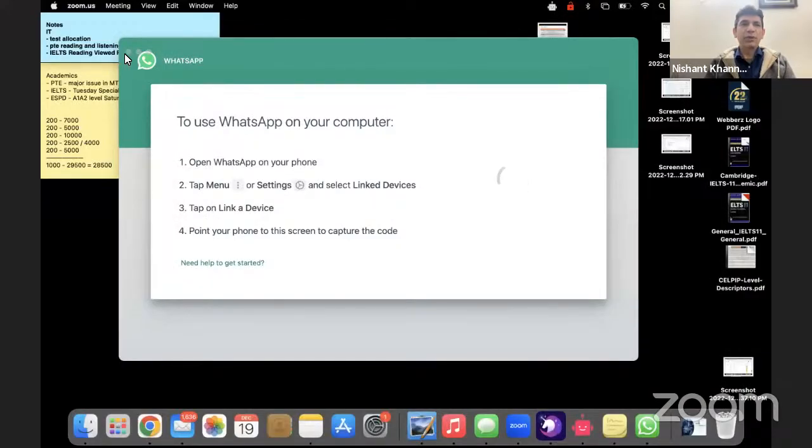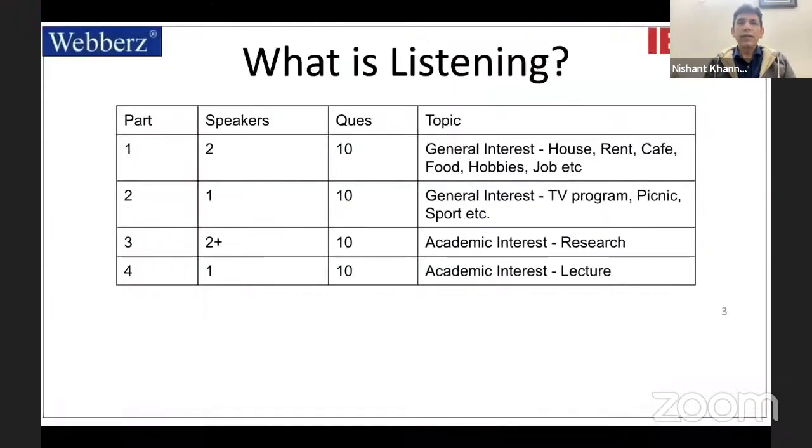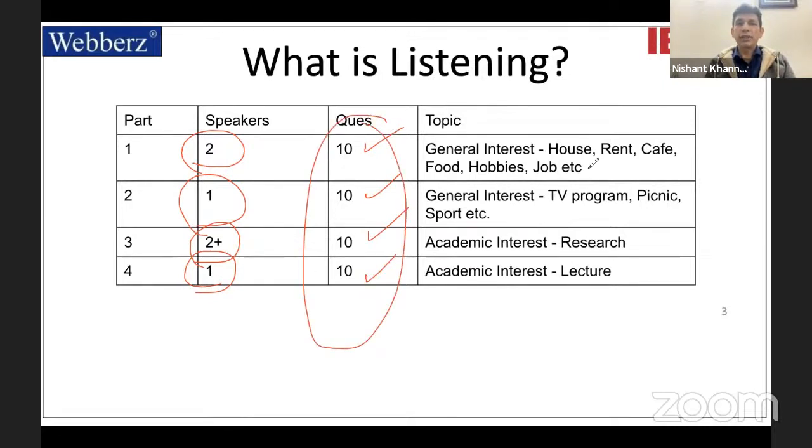So let us start with our work. The first section of listening has 2 speakers. The second has 1. Third has 2 or more, and fourth has 1. There are 10 questions in each section. The first 2 sections are very simple.